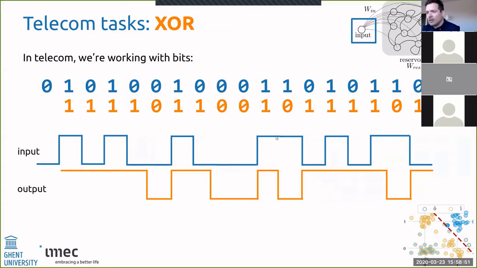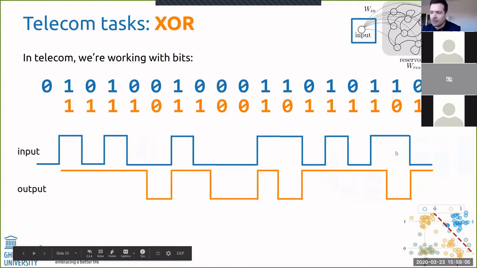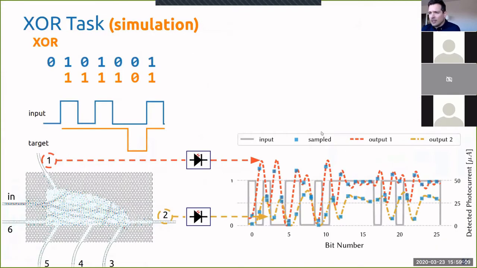It's also a more difficult task than the AND task, as you really need the pre-processing from the reservoir to a higher dimensional feature space. Even in 2 dimensions, you cannot find a linear classifier that solves it. So how this actually works is as follows. You send a bit stream in through one of the arms of this cavity, and then you record what comes out at each of the 6 other arms.